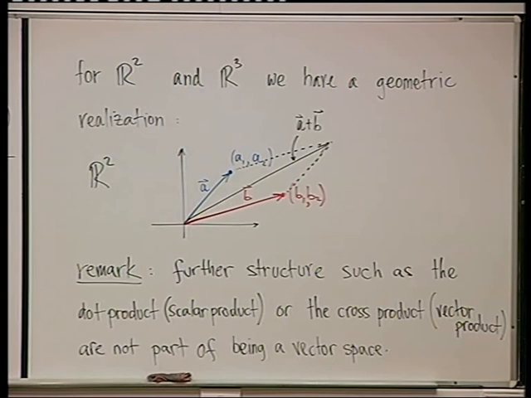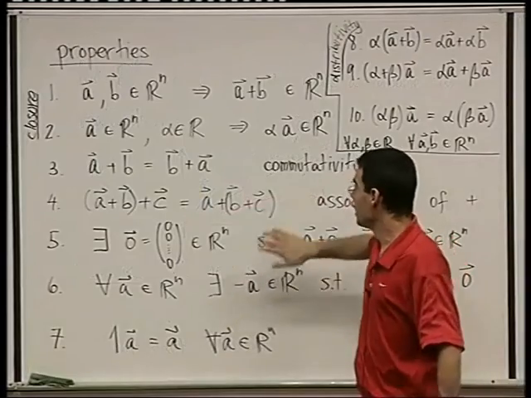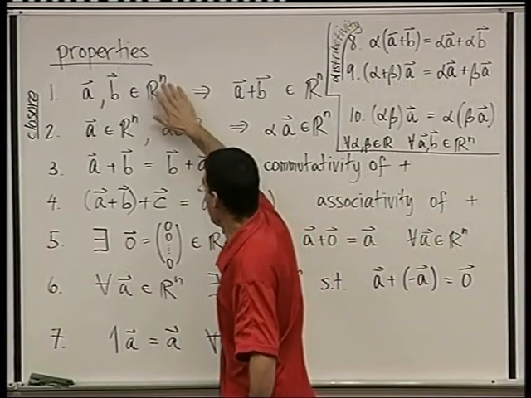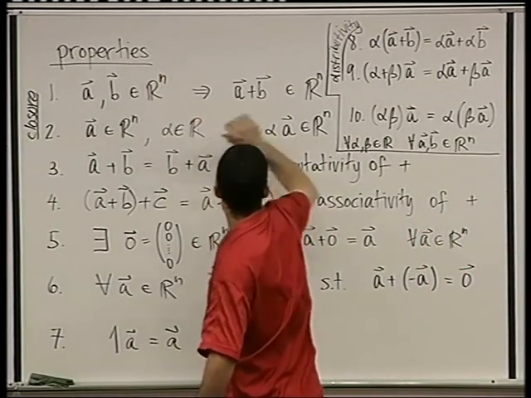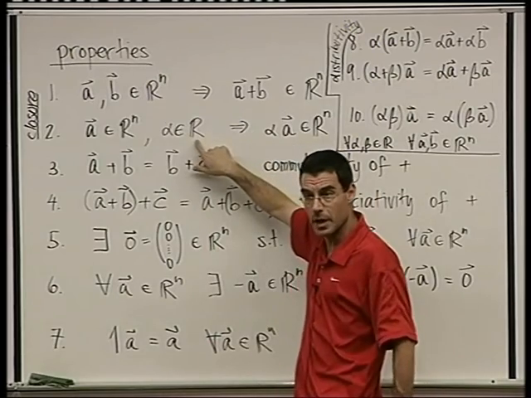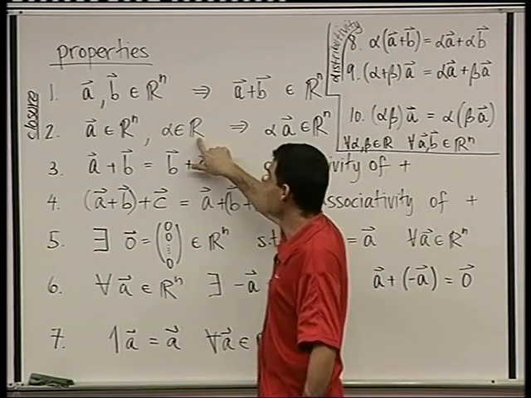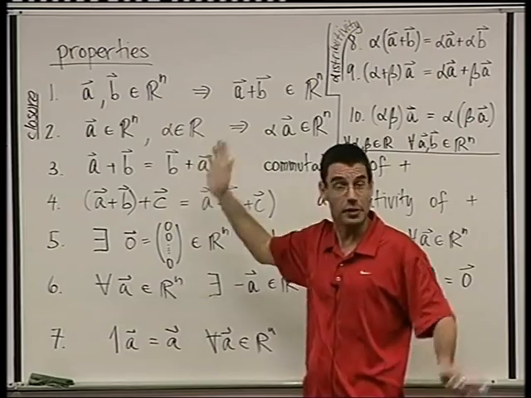So what we want to do next is going to be in a separate video. What we want to do is take these properties, erase the Rn's everywhere, and erase the R's everywhere. Replace R by capital F, standing for a field, any field.